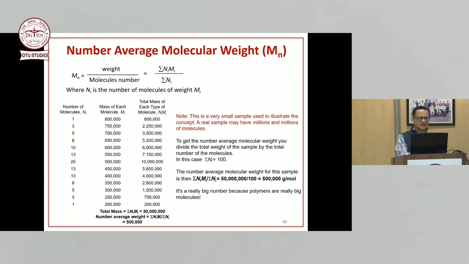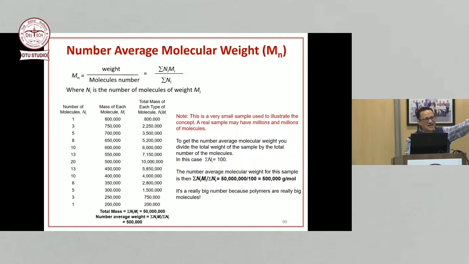Like first column, number of molecules. So one molecule, mass of each molecule is 800,000. Our formula for number average molecular weight is summation of NiMi divided by total Ni, right? The total of these molecules, that is the denominator, summation Ni.